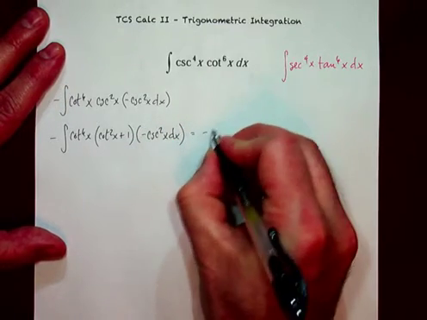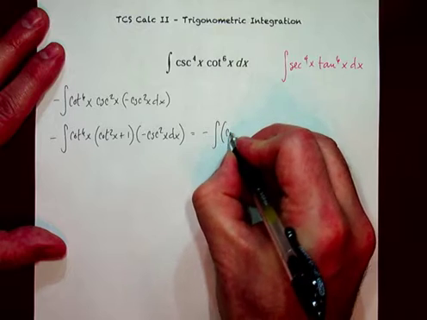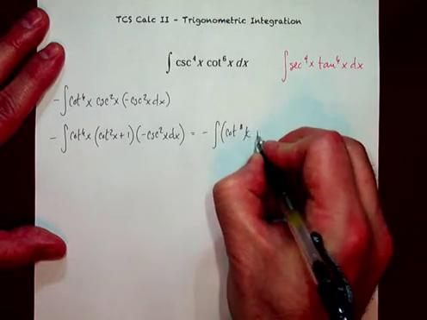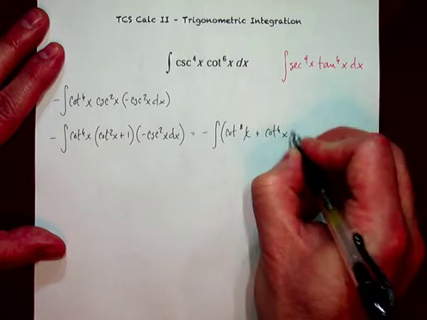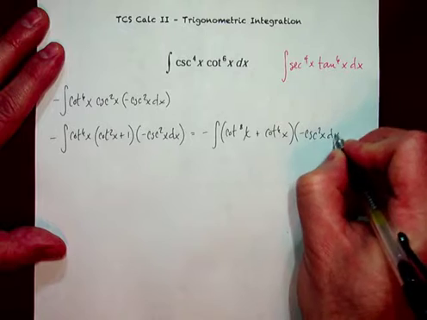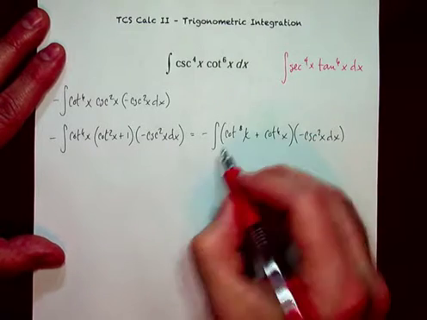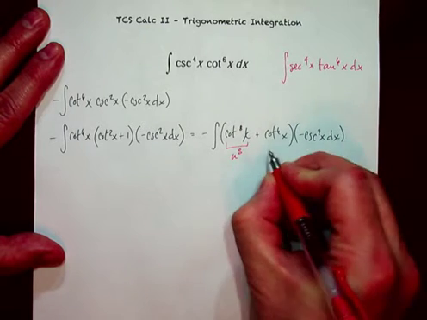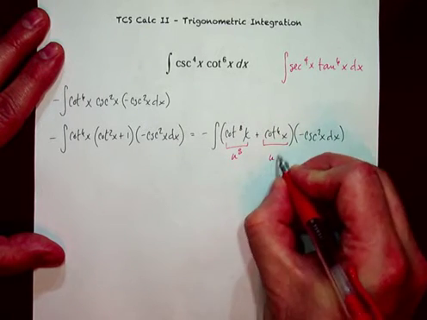Okay, and if we distribute, we get cotangent to the 8th x plus cotangent to the 6th x, and then negative cosecant squared x dx. That basically winds up being, right here, this is my u to the 8th. Right here, this is my u to the 6th.